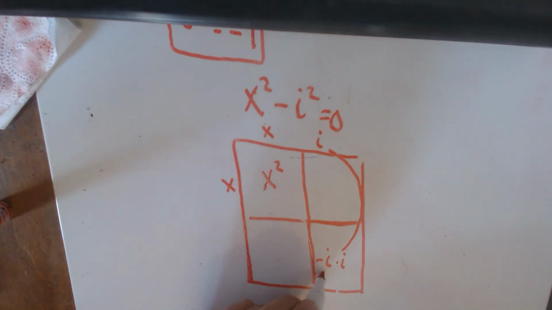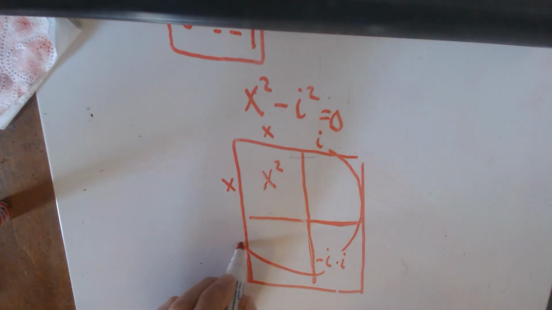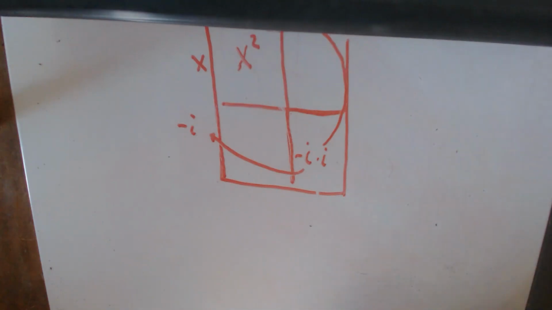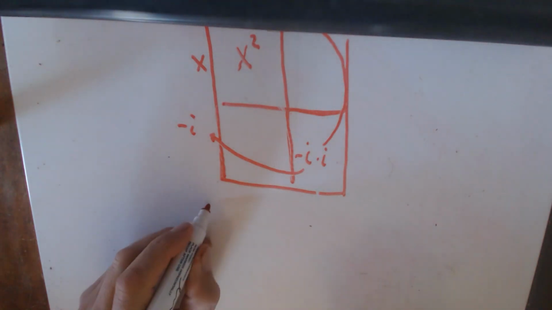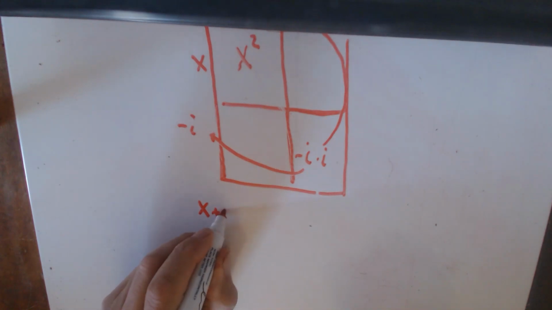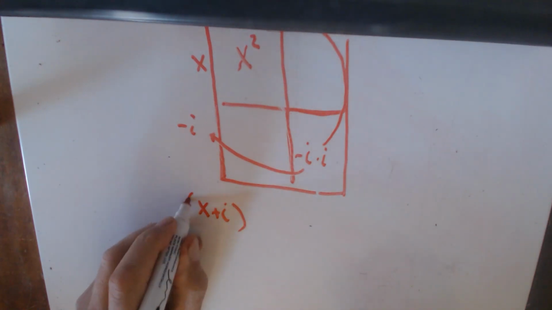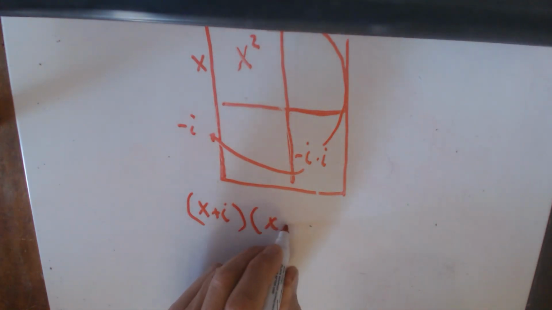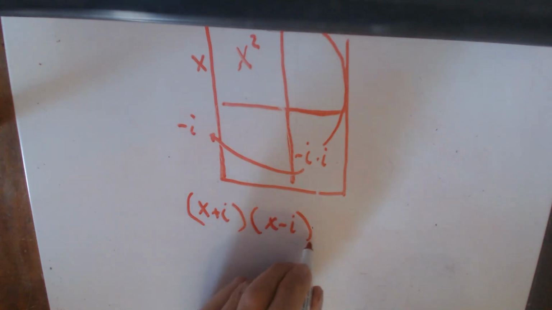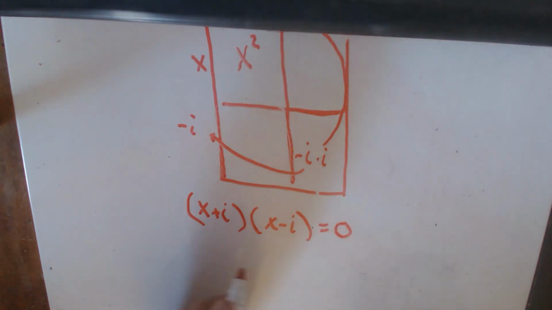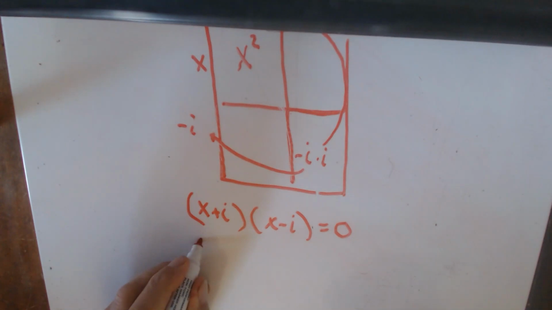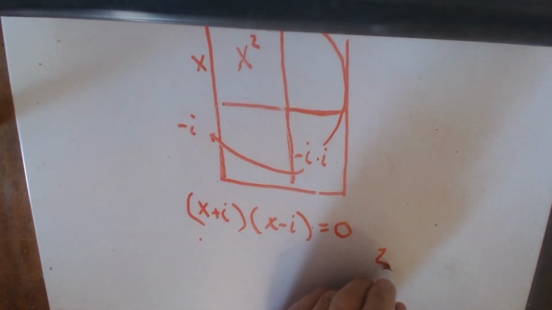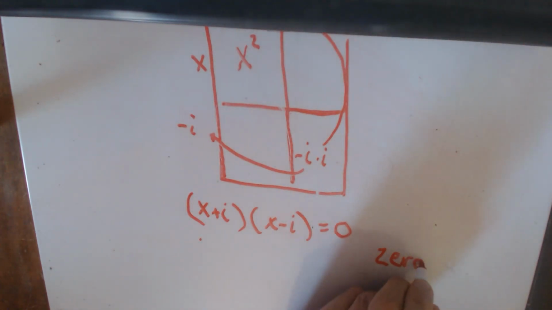So the minus i goes here. So you have here a product, x plus i times x minus i equals 0. And here you have the zero product.